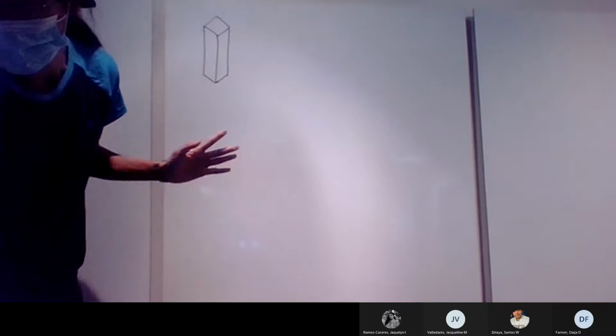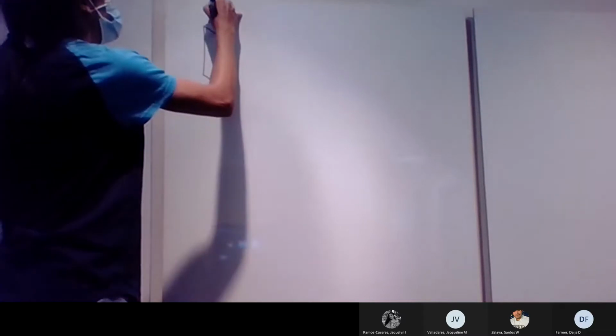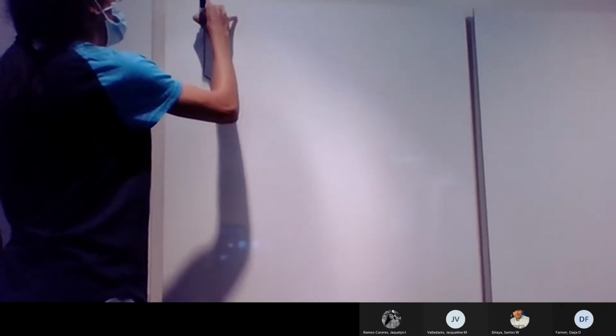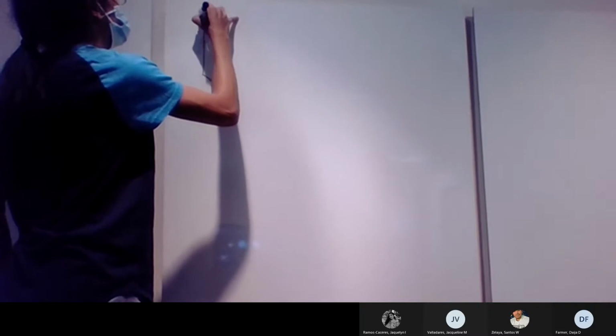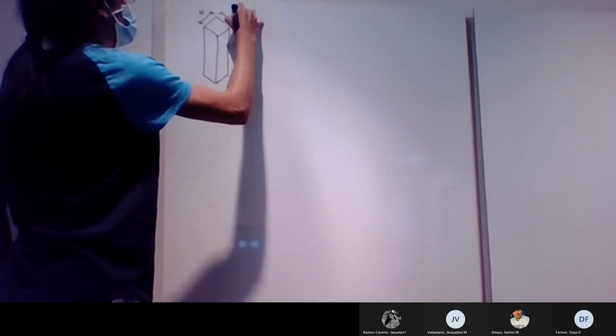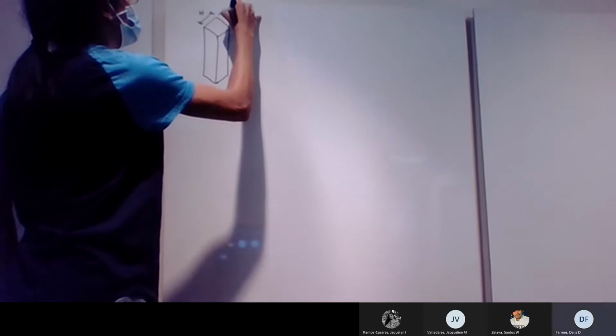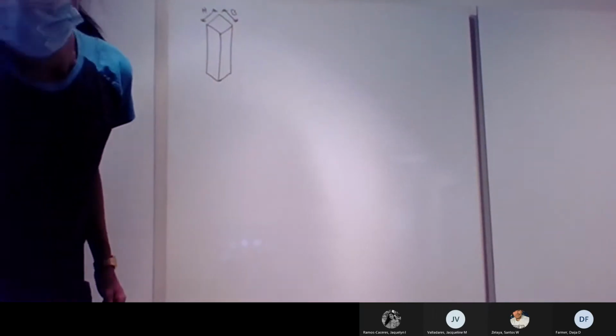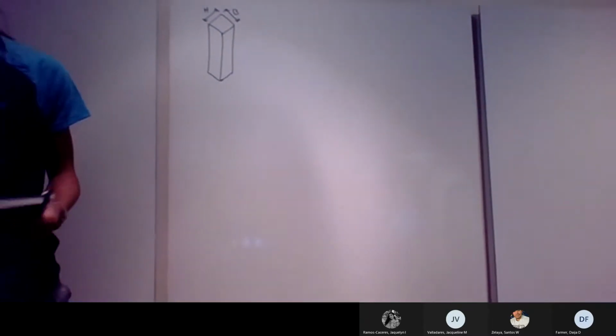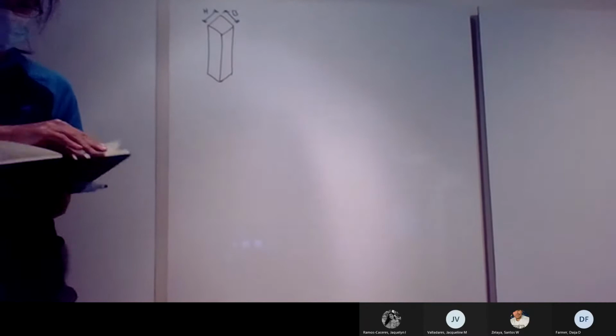All right, so we have a column, and we have a height right here, and then we have a base right here, and we're given the, shoot, what is that called? Third time's a charm.